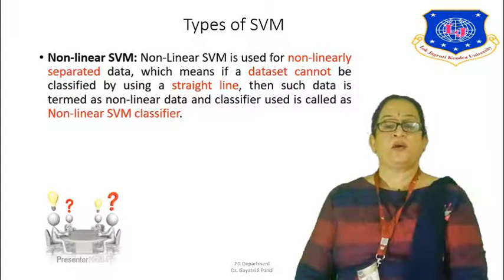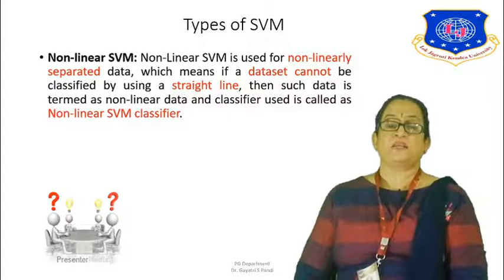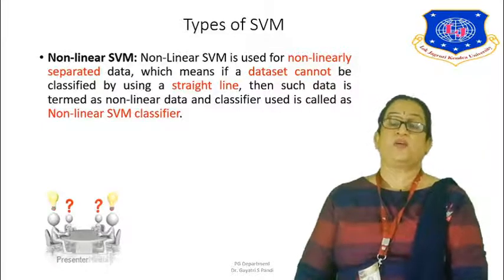Then we have the non-linear SVM classifier. This works on non-linearly separated data, which means the data set cannot be classified by using a straight line. Such data is termed non-linear data, and the classifier that is used is called a non-linear classifier.